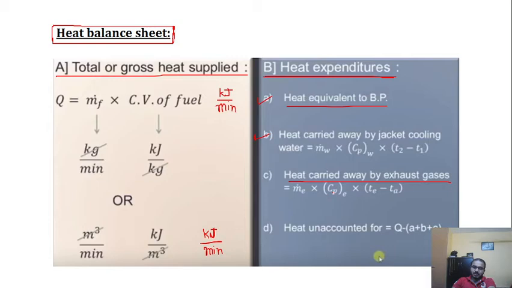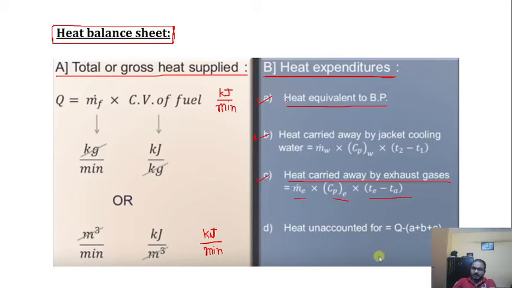So that is also lost into the atmosphere, and it is given by me dot Cpe into (Te minus Ta). So here, unlike final minus initial temperature, we have exhaust gas temperature minus atmospheric temperature. So this will provide us the heat carried away by the exhaust gases.